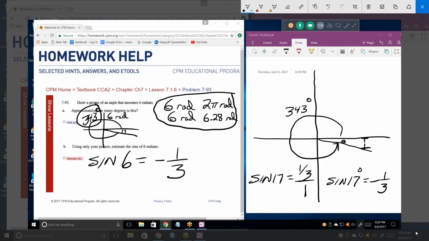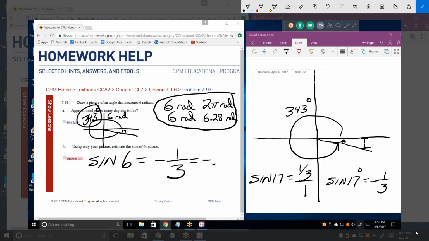Now tell us what it really is. Go in your calculator and see. Negative 0.96. I don't think so. Sine of 6. Make sure you're in radians. Yeah, negative 2.79.